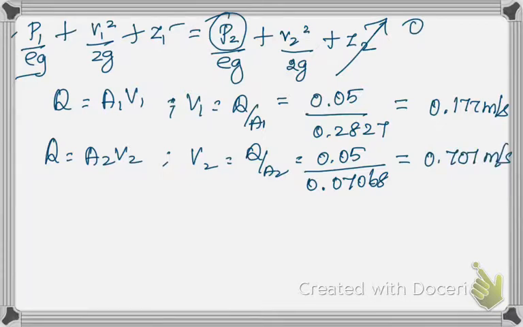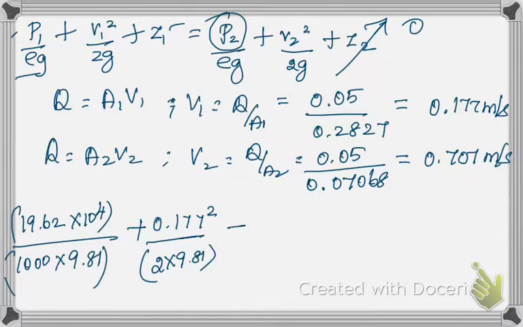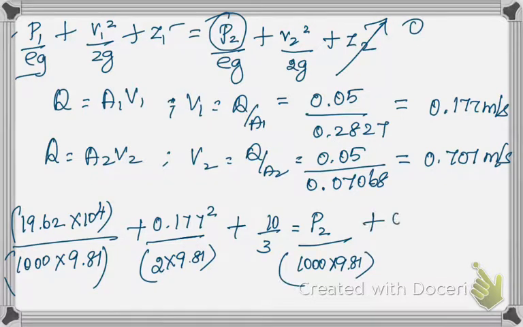Now I have to apply it. So here, 19.62 into 10 power 4 divided by 1000 into 9.81, plus 0.177 square divided by 2 into 9.81, plus the Z1 value of 10 by 3, is equal to P2 by 1000 into 9.81 plus 0.707 square divided by 2 into 9.81.